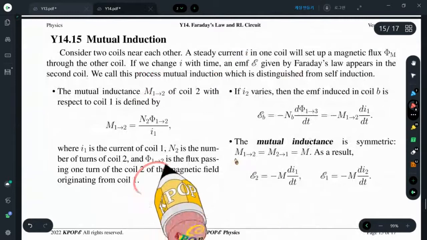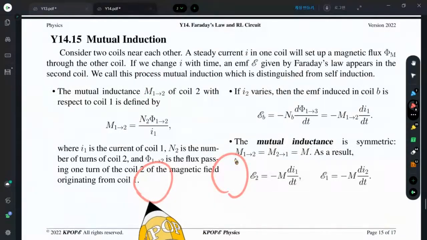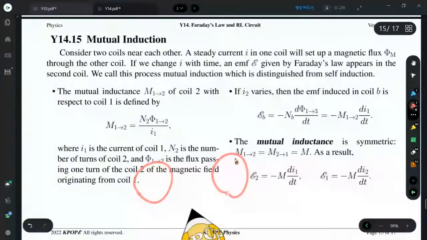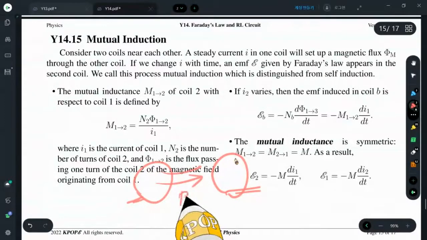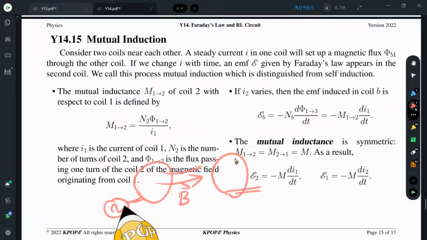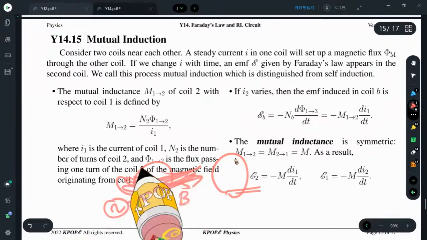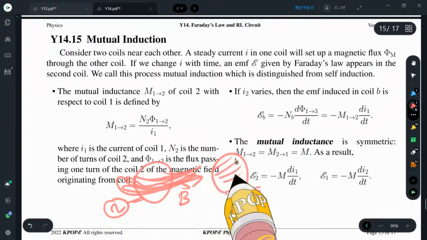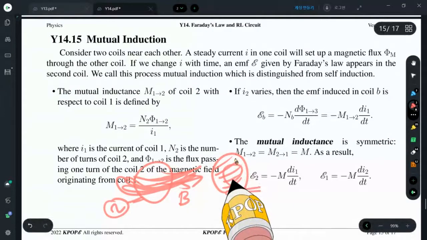Mutual induction is a very fundamental one to make a transformer from two disconnected circuits. One produces a magnetic field, but if you have an alternating current, then the magnetic field is oscillating. Because of that, the magnetic flux passing through the other circuit changes.